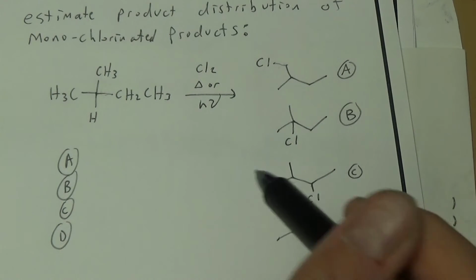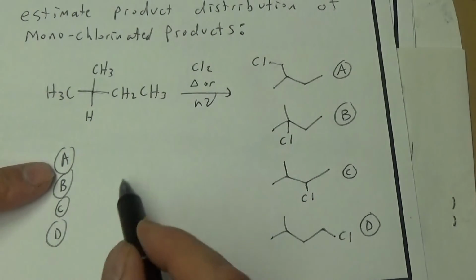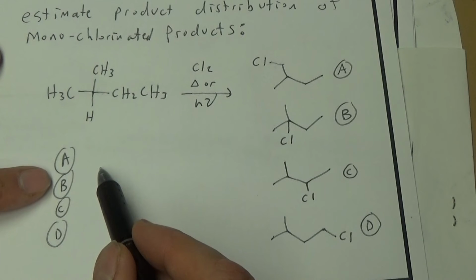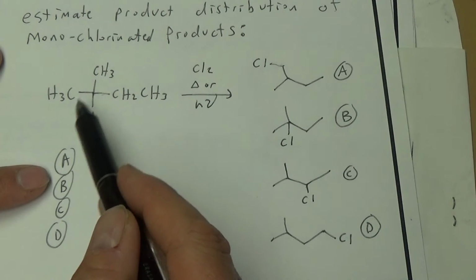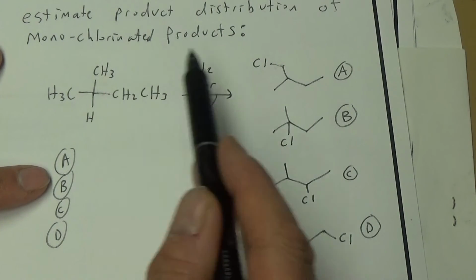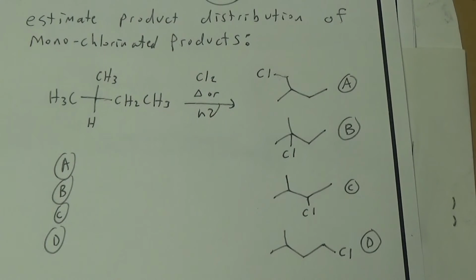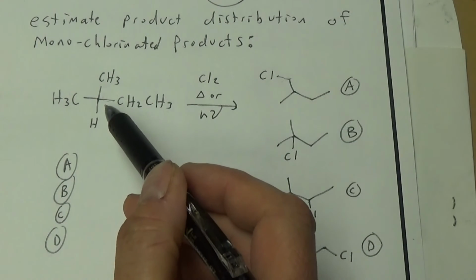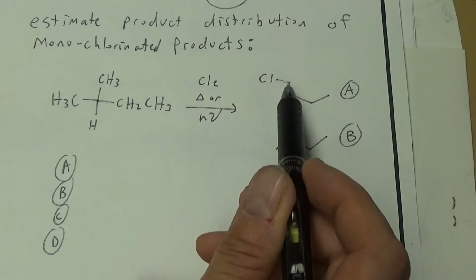For A first, the question is, how many hydrogens on the starting material could be replaced with chlorine to give you product A?